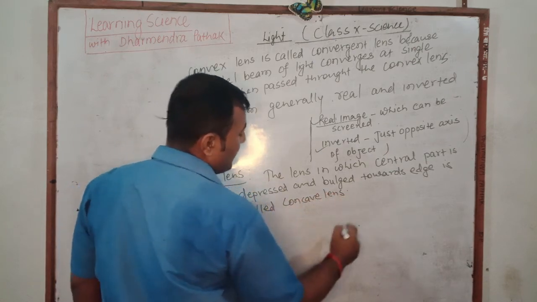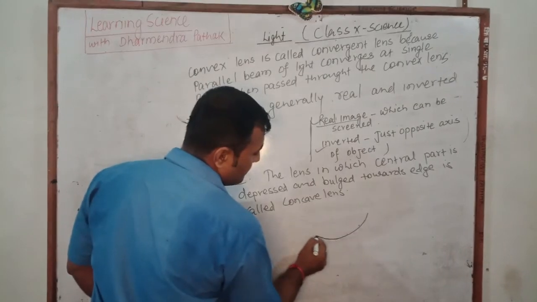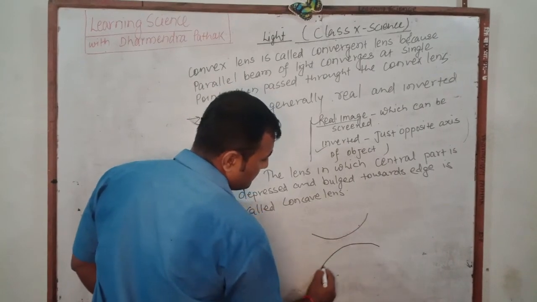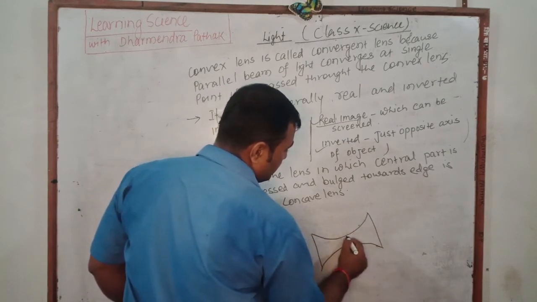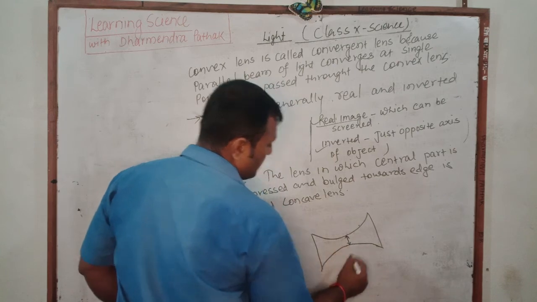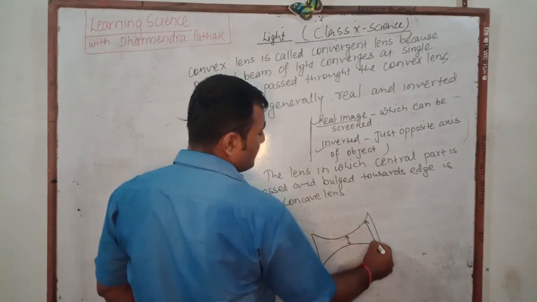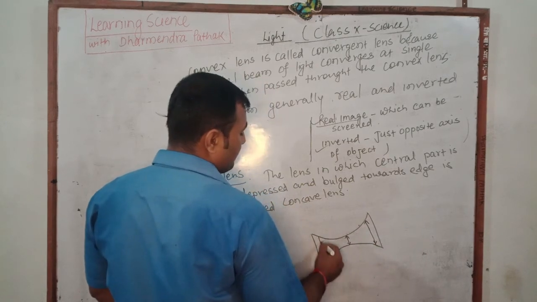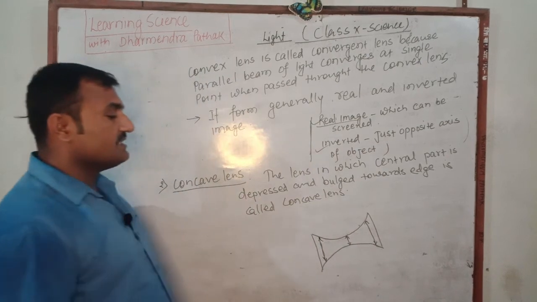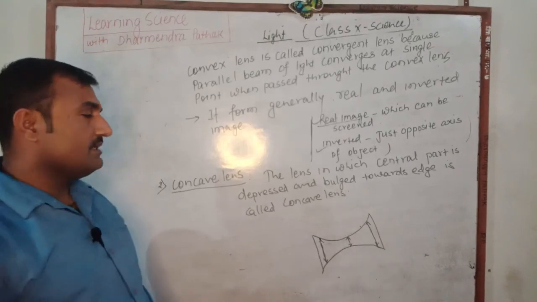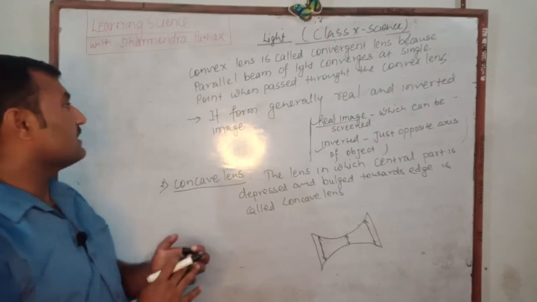When we draw the diagram of a concave lens, we find it like that. Towards the center it remains depressed, with less thickness, and towards the edge its thickness goes on increasing. Such a property is found in a lens if its central part is depressed and thicker towards the edge, then it is called concave lens.